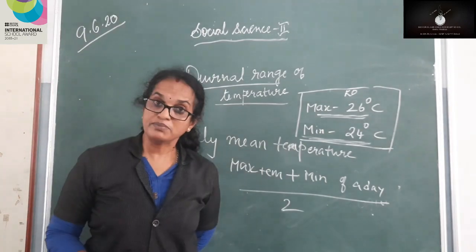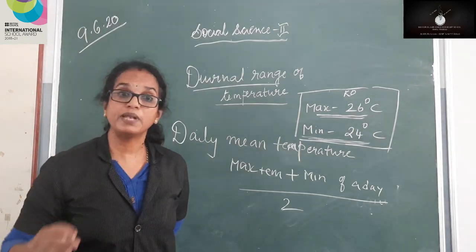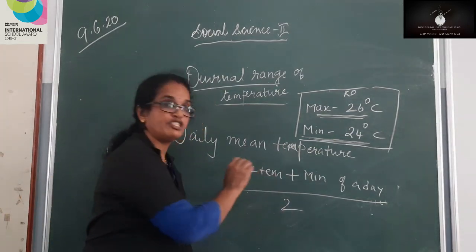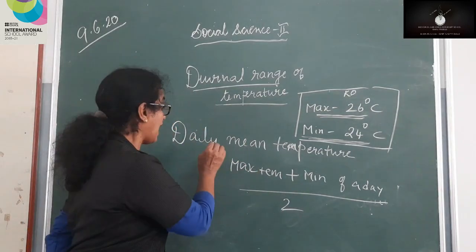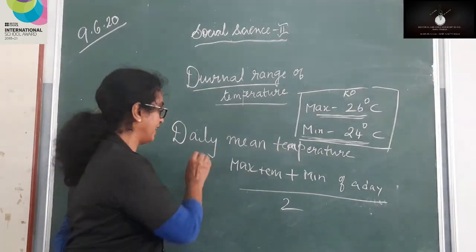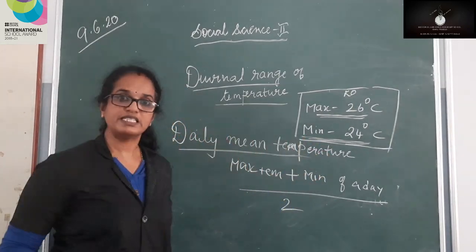So, maximum temperature plus minimum temperature divided by 2 will give you the mean temperature or average temperature of a day, or daily mean temperature.